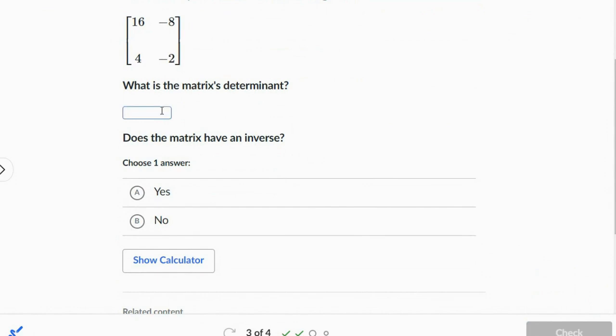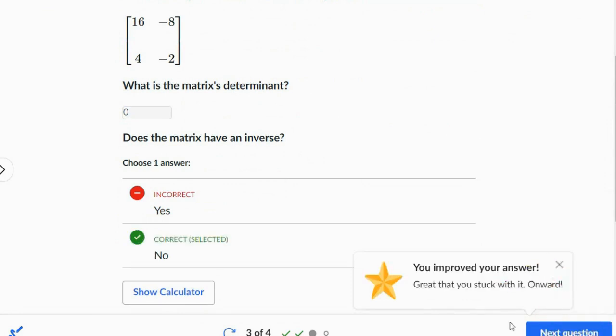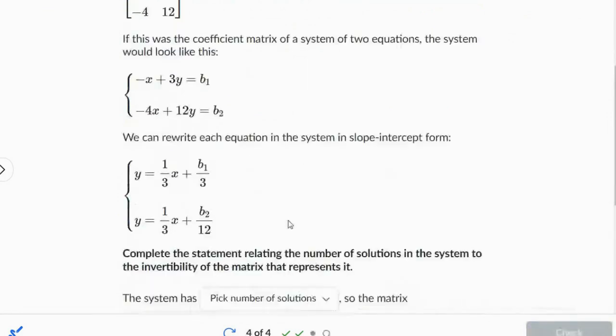Well, that would be what? Negative 8. So yes, it has an inverse. Oh, I didn't get the answer right. What did I do? Negative 32 minus... oh, that's a 32. I calculated wrong. That is 0. Yep. That's right now. I improved my answer.